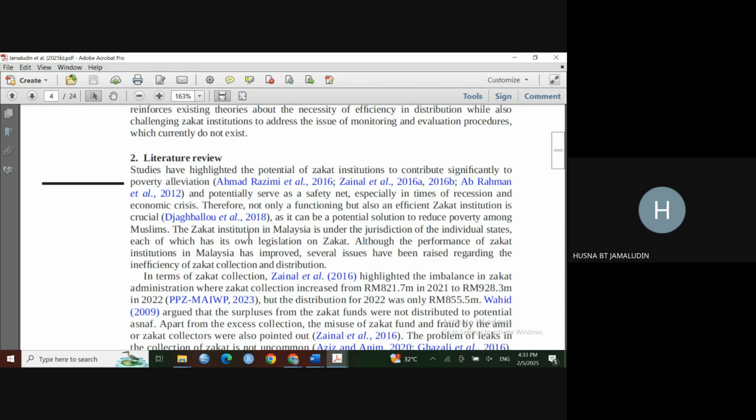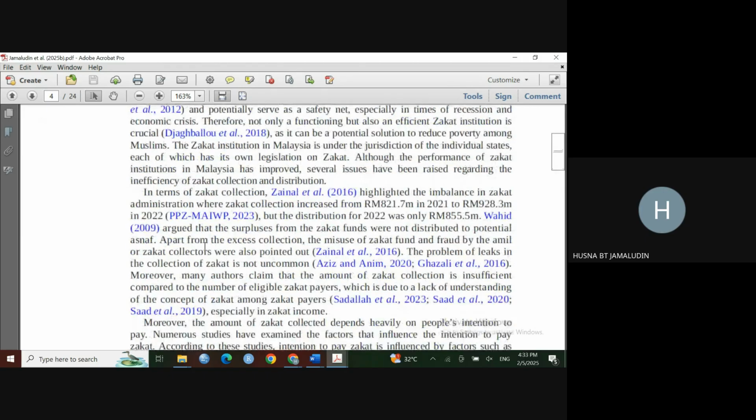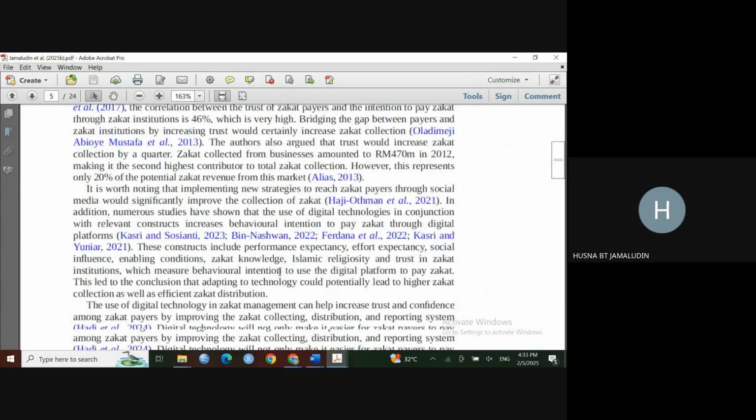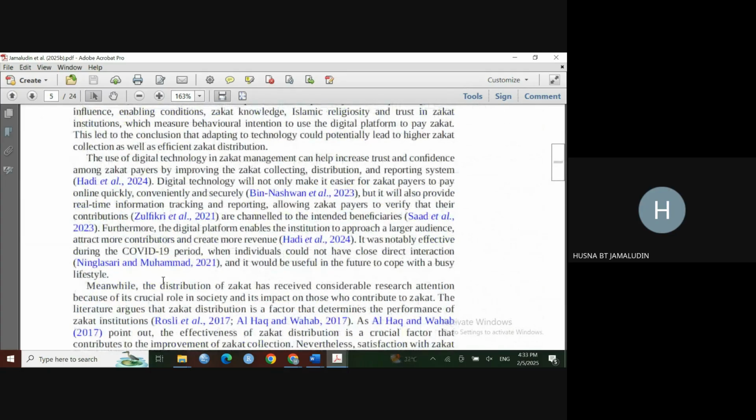So what you can do is study the whole thing. You can divide zakat into zakat collection and zakat distribution. In the zakat paper, I reviewed all the studies regarding collection and distribution, and from that I tried to find out the missing link, the missing information that I can add.